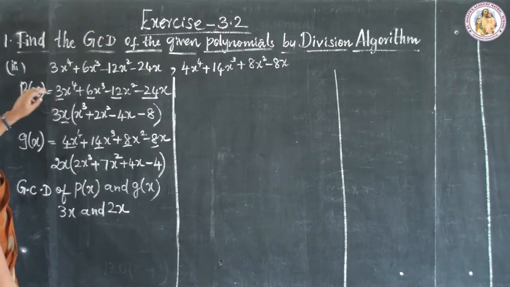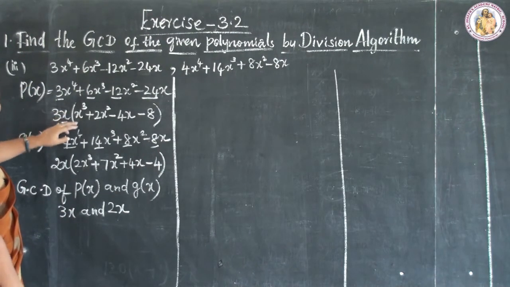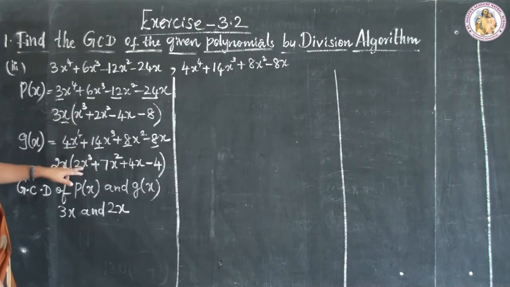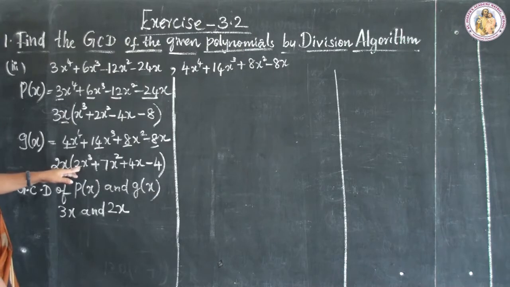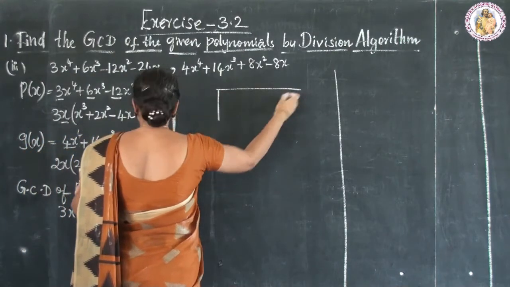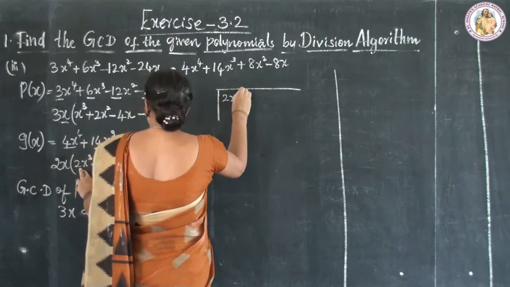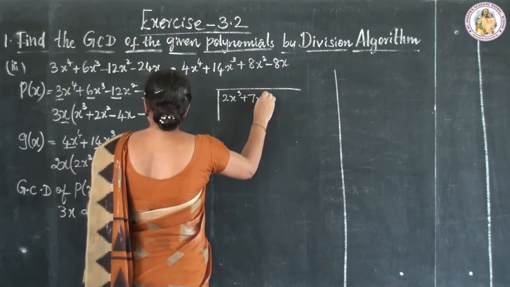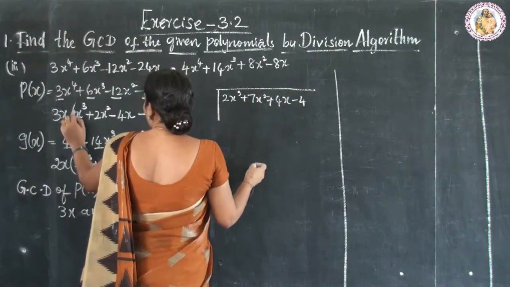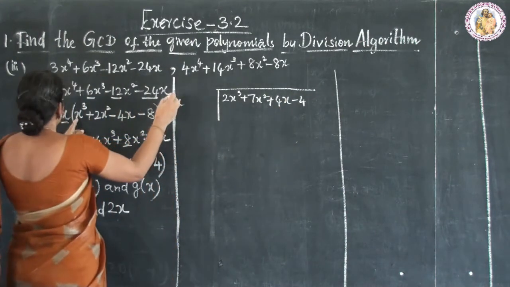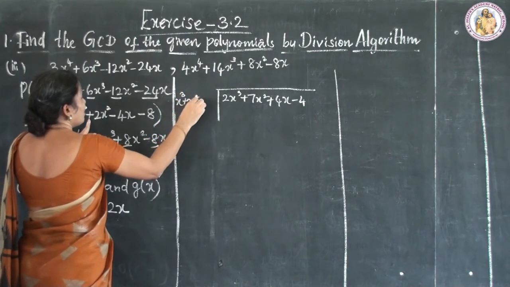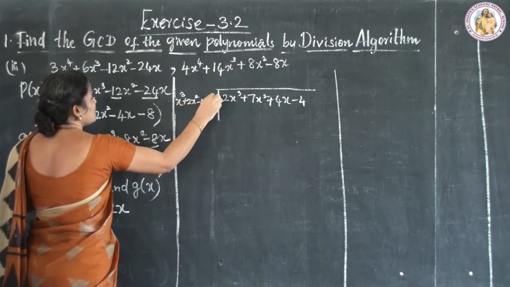So as we took p of x in the last sums, here you can see the difference 2x cube and x cube. 2x cube, here g minus 4x minus 8.